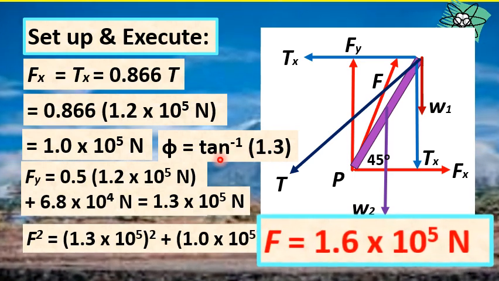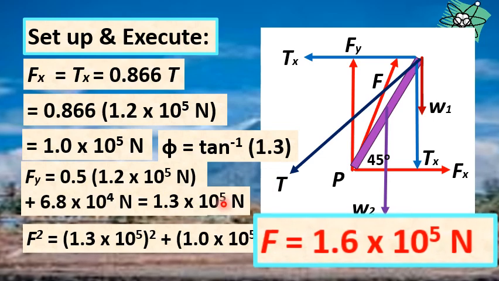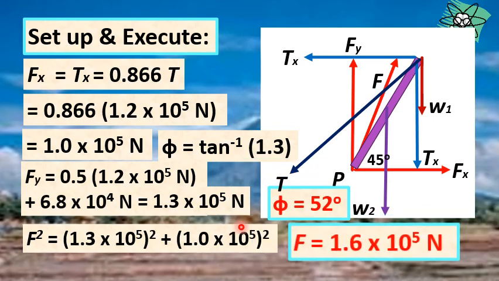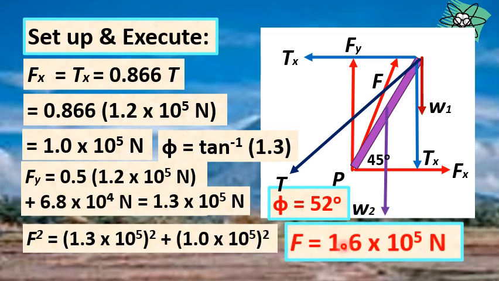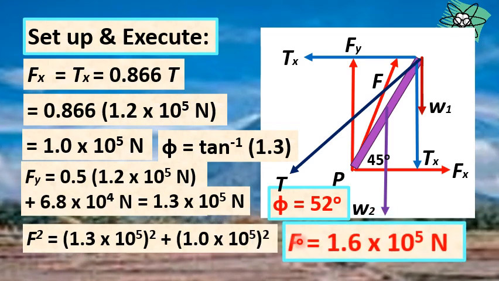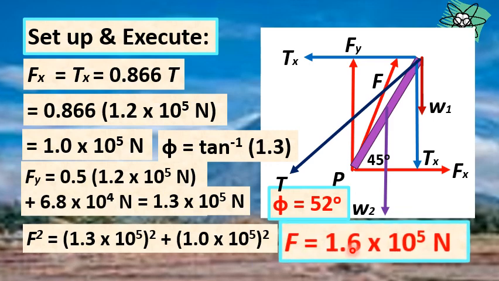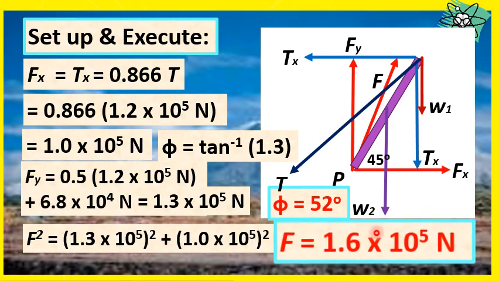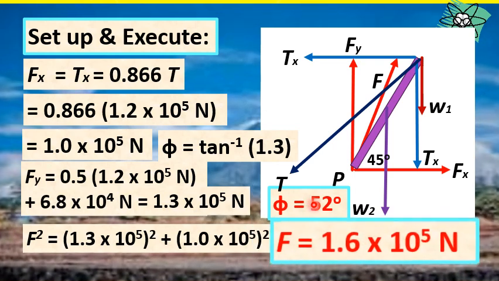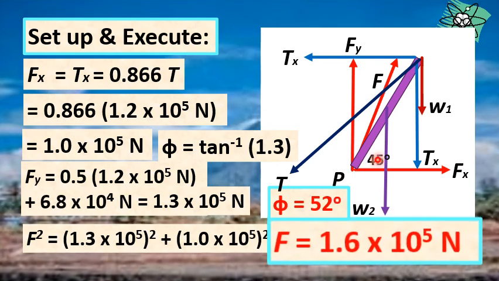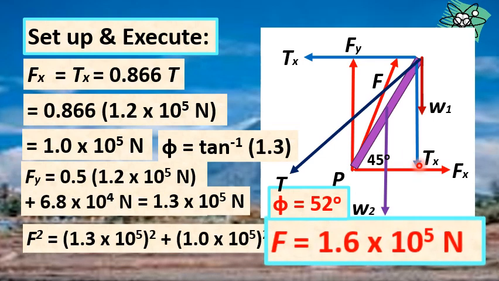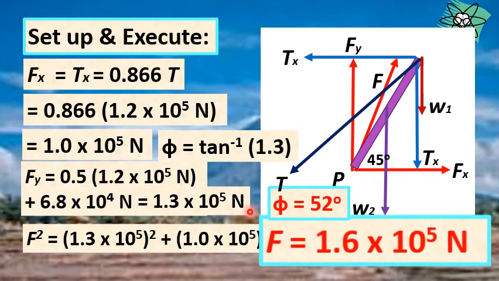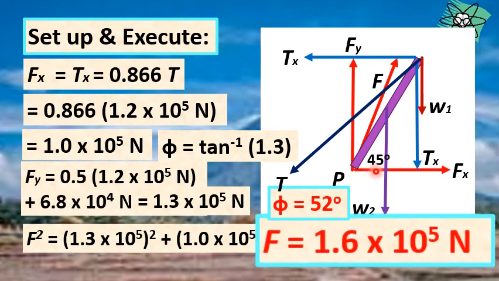So with the help of your scientific calculator, we find that the angle phi is equal to 52 degrees. Hence, the final answer for the force F is that it has a magnitude of 1.6 times 10 to the 5th power Newton, and it is directed 52 degrees above the positive x-axis. So as predicted earlier, the value of the angle phi is greater than 45 degrees.